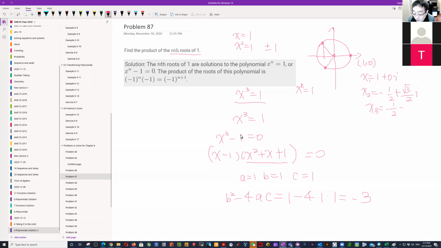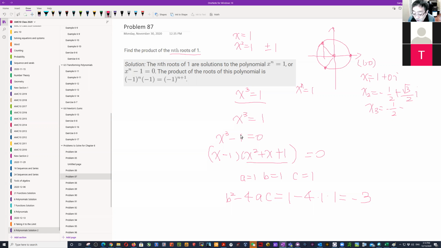Those three roots are in the complex plane. If you multiply them, let me show you the geometric meaning of complex number multiplication. The magnitudes of the complex numbers multiply, and the angular rotations add up.